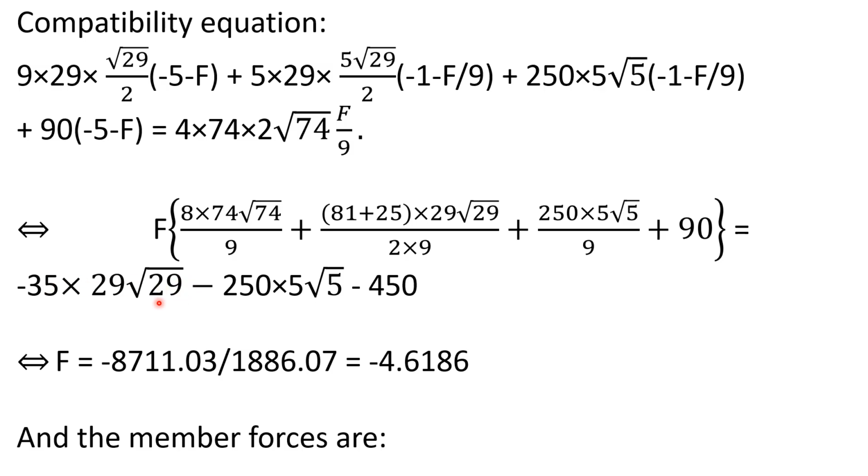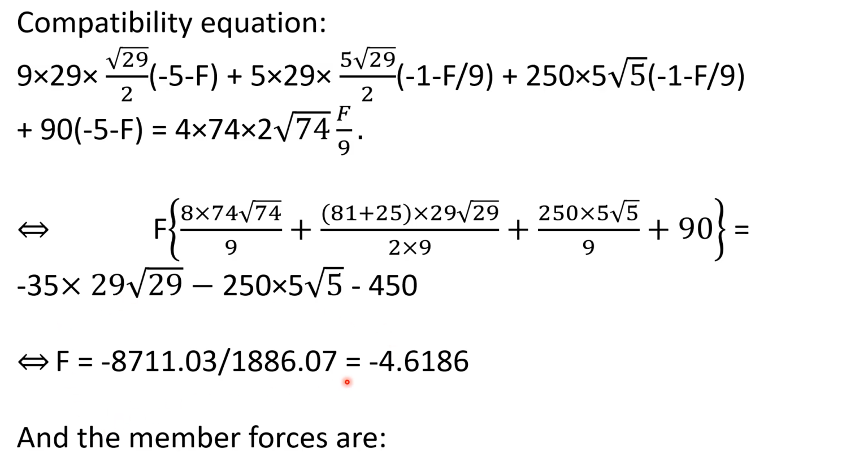And when you simplify this, when you calculate these values, you get f equal to minus this number divided by this number, which works out to be minus 4.6186.